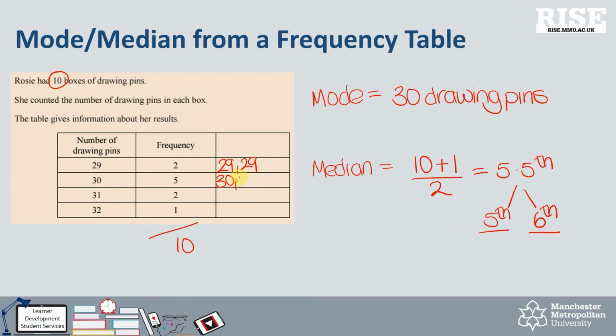If I was to write that out as an actual list then, I would write 30 5 times. Now I can see that I've got the first 7 boxes of drawing pins, so I've definitely come across the 5th and the 6th. So the 5th box of drawing pins had 30, and so did the 6th, which means the one in the middle of them two would still have 30 drawing pins.